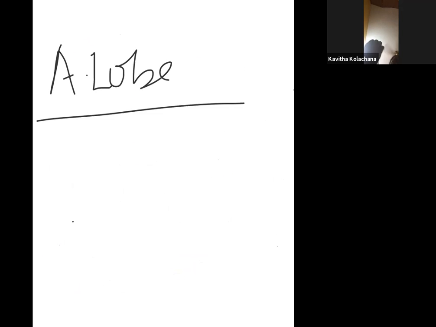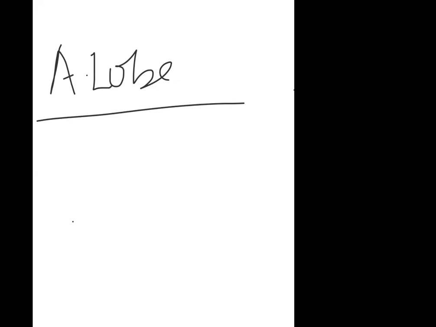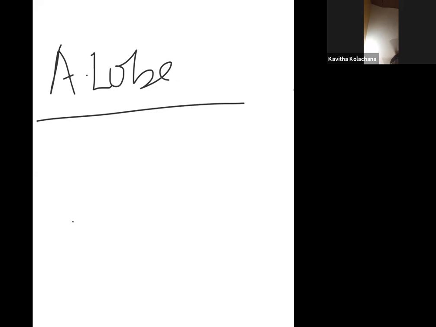Now, I'll write the names and you can tell me what they are. The pars distalis is the adenohypophysis, which is what we are talking about right now. It is commonly called the anterior pituitary.